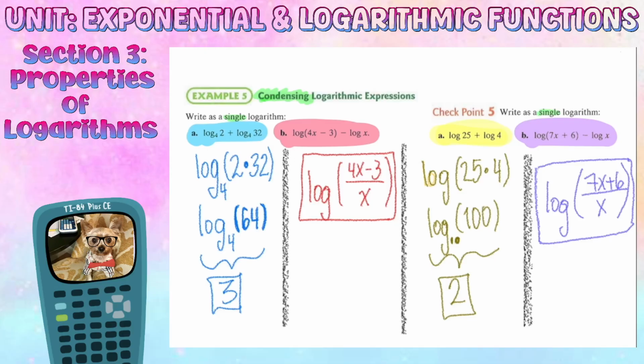So hopefully that was helping you condense. When you're done condensing, you will either have it down to a single logarithm, meaning the log function is only written one time at most. And I say at most because it's possible you could evaluate that expression and have no log in your final answer. So if that was helpful to you, I do have another video.